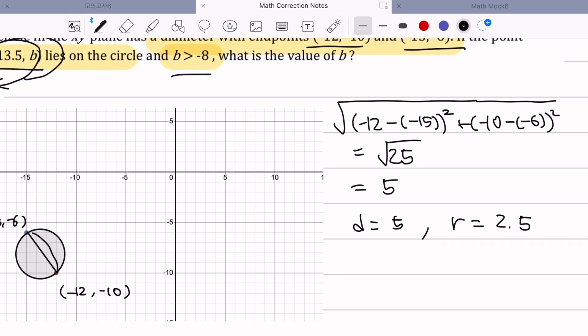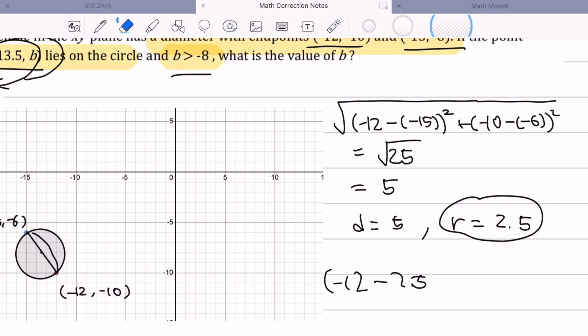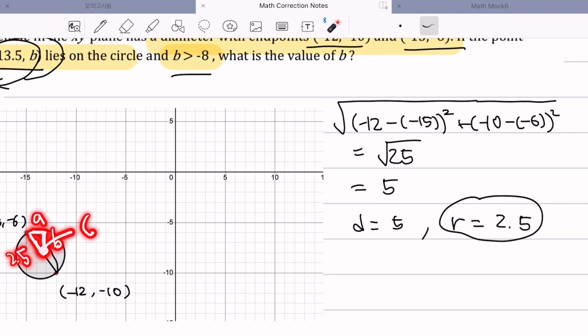But the radius being 2.5 doesn't mean the center would be just (-12, -2.5), like that. Because we know this value over here is 2.5, but we don't know these values. These values are what we can use to find the center, because if we know A and B, the answer would be like -12 minus A, -10 plus B. So let's find the center.